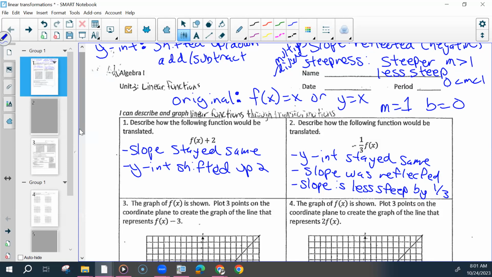It's reflected. So you could combine those 2 sentences. The slope was reflected and is less steep by 1/3, or you could write it as 2 separate sentences. Do you have any questions on that one? Wait, don't you want, let's do negative 1/3? No. The negative just has nothing to do with that part. Those are 2 different things.